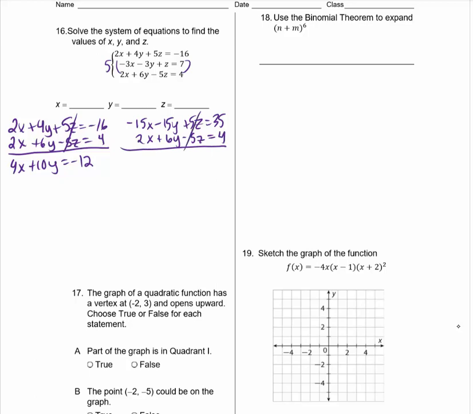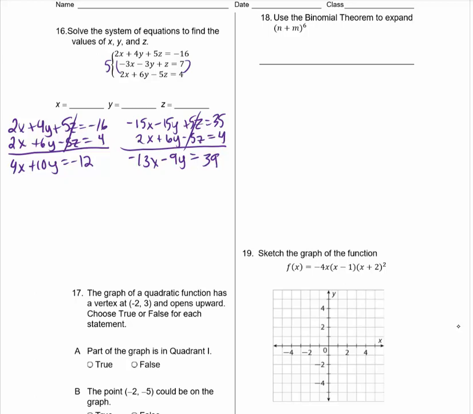So negative 15x plus 2x is negative 13x. Negative 15y plus 6y is minus 9y. These problems are tricky because any errors along the way, and I could have already made one and not even know, are going to make this not work. And that's a frustrating situation.